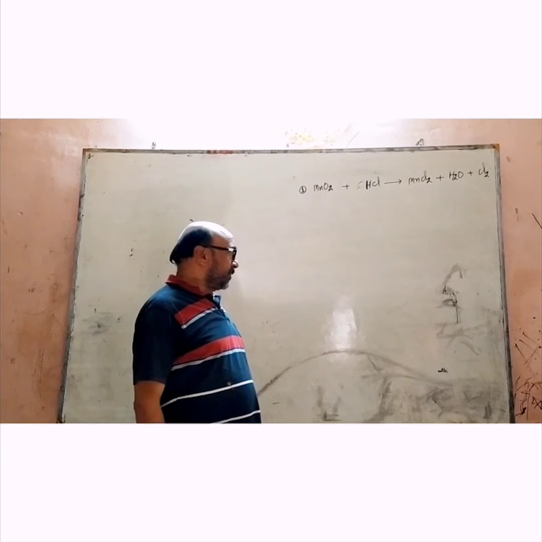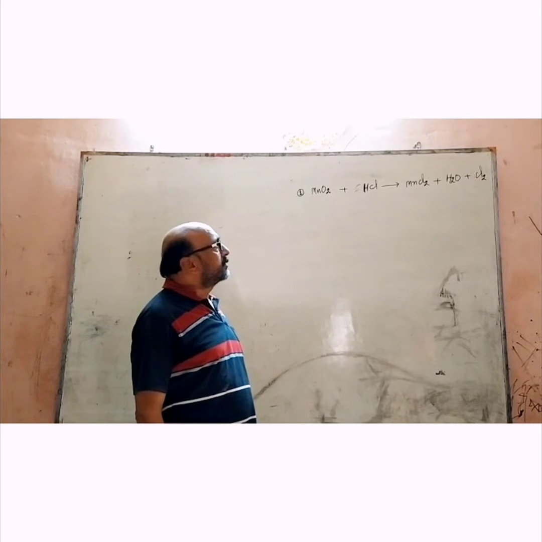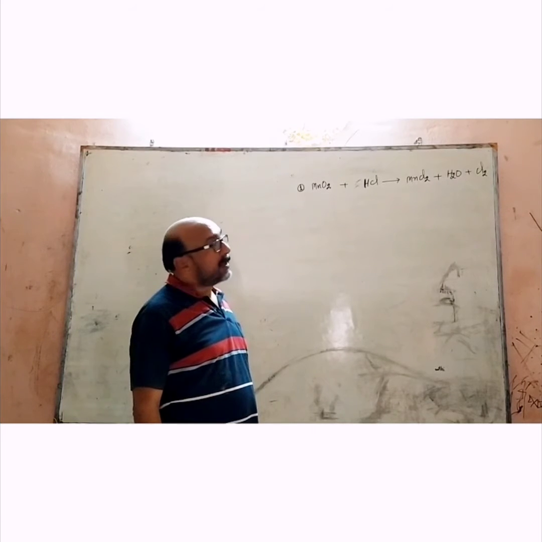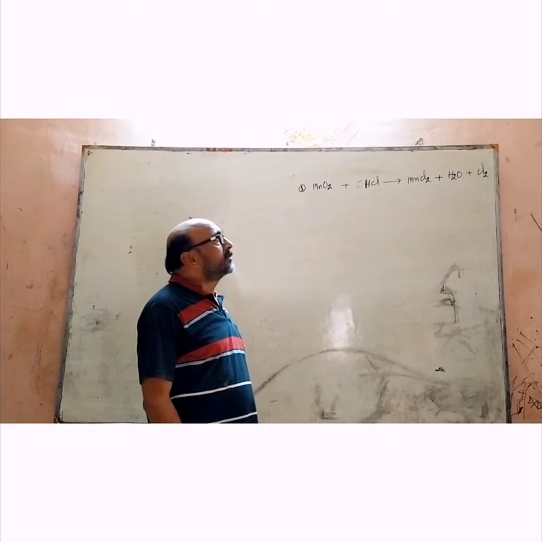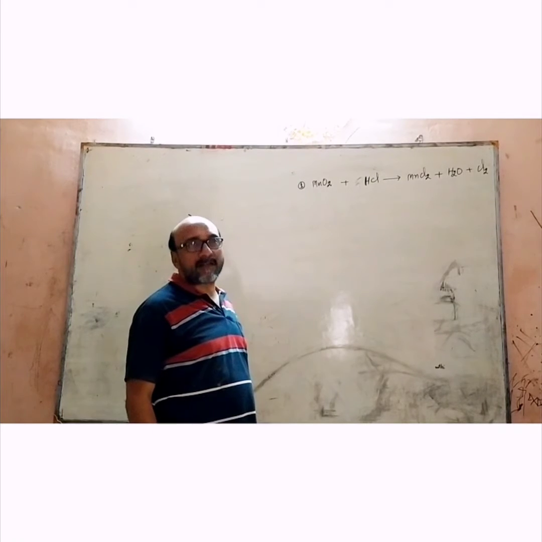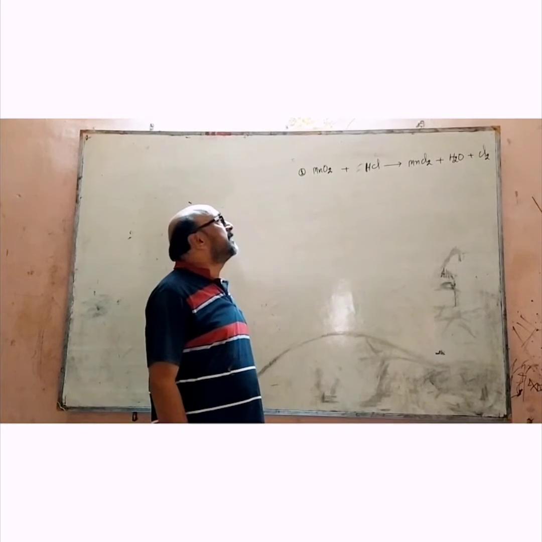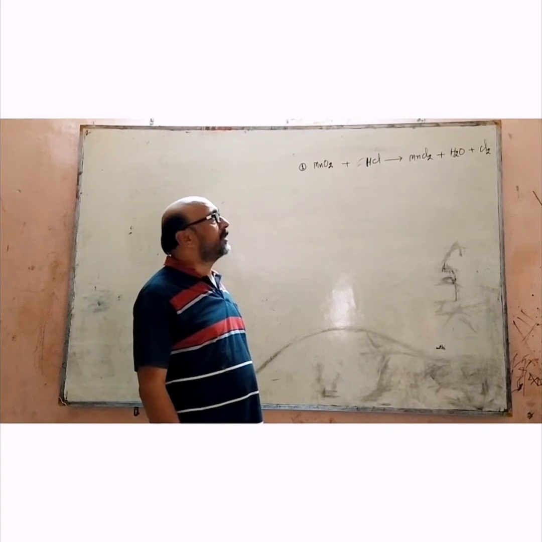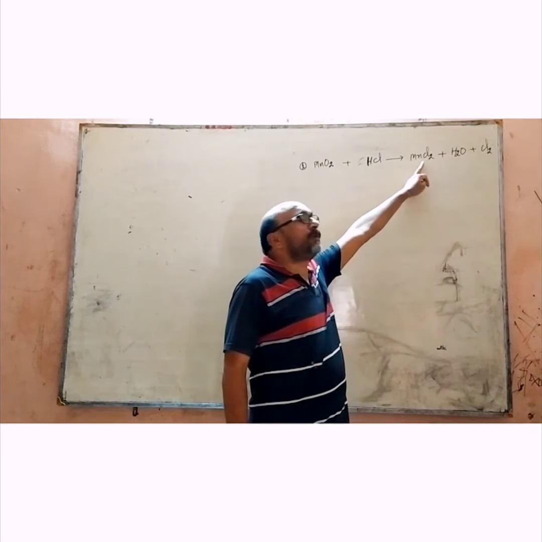Now use the method to balance the chemical equation. Count the number of atoms of each element in the reactant and product. Consider the compounds in which the number of atoms is the maximum and select the element whose number of atoms is the maximum. See, in the product, the number of chlorine atoms is 4: 2 in the Cl2 and 2 in the MnCl2.